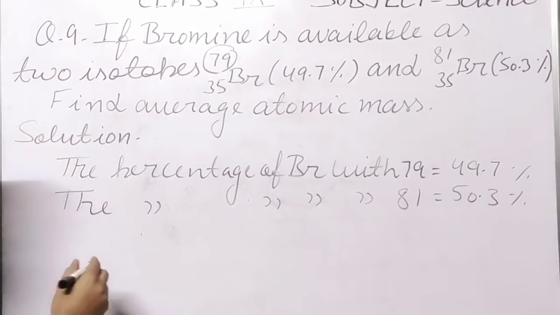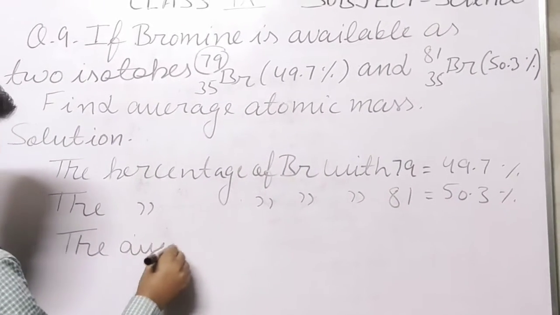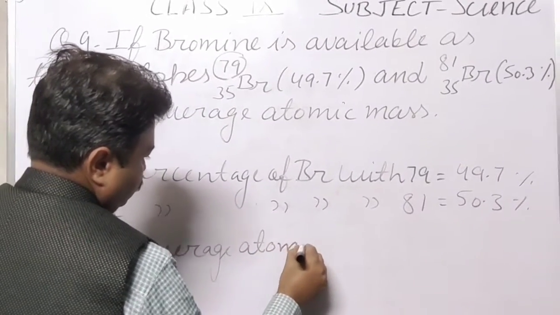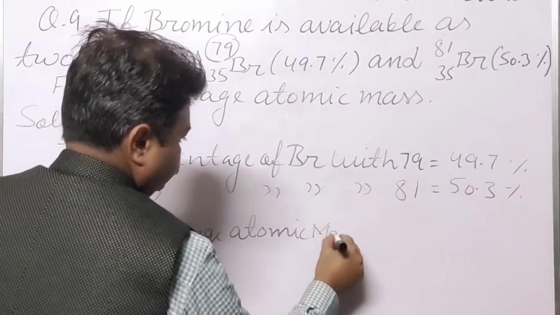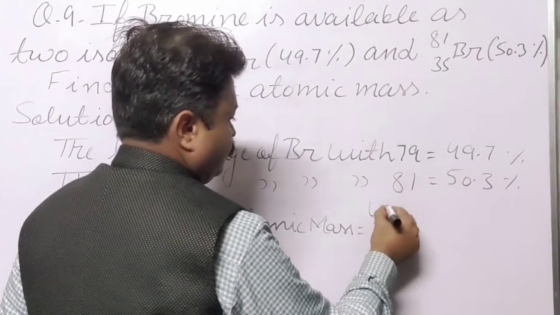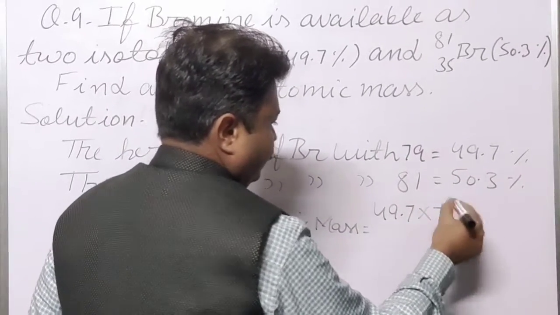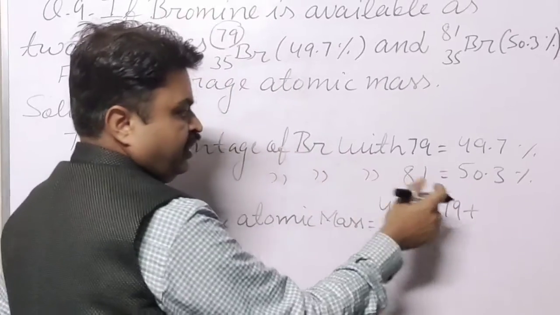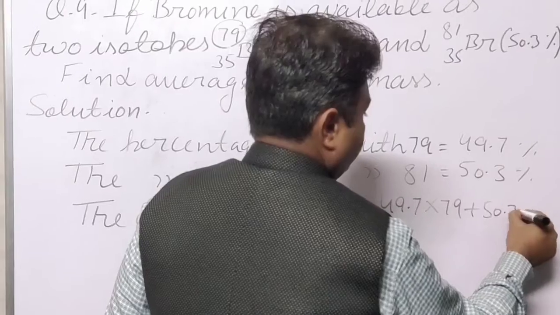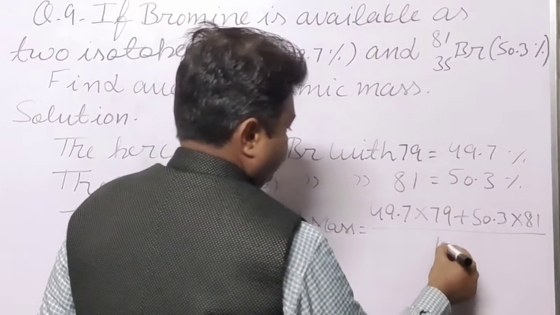So the average atomic mass will be 49.7 multiplied by 79 plus 50.3 multiplied by 81 and divided by 100.